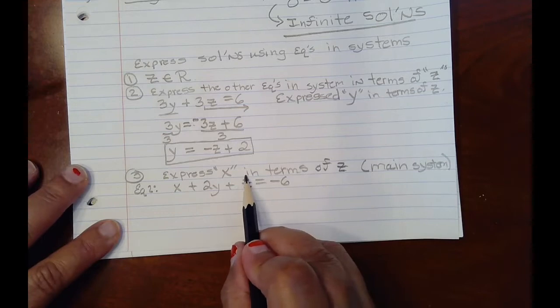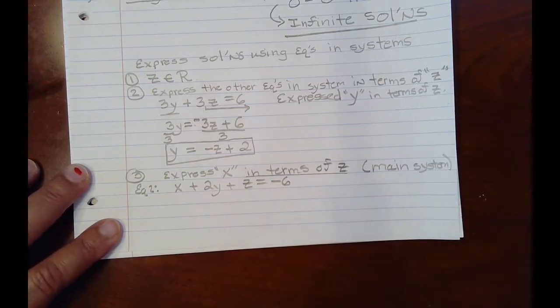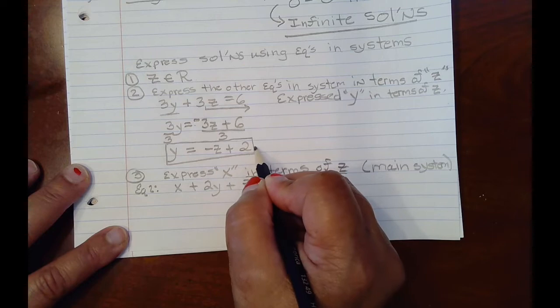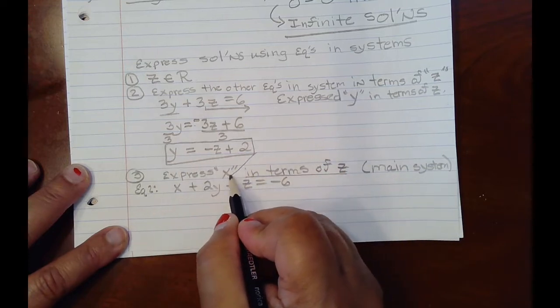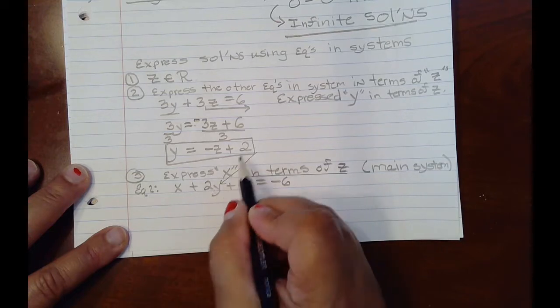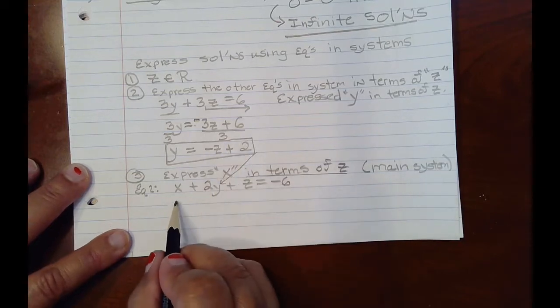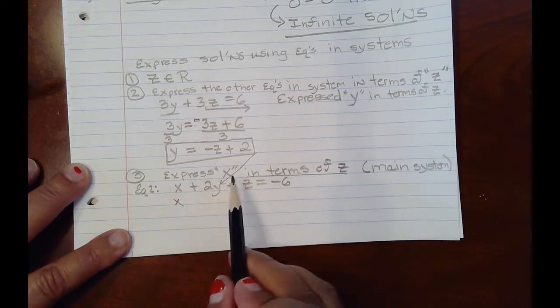That's what it means to give an answer in terms of z on the right side of the equation, yet I have a y. So I need to get rid of that. Well, we can back substitute right here. See how you have this expression for y? You can put that right in there, and then you won't have a y anymore. You'll have all of this, and then you'll be able to continue with your mission to express x in terms of z.